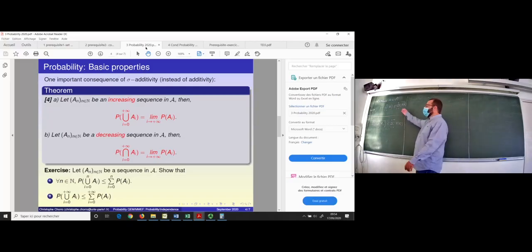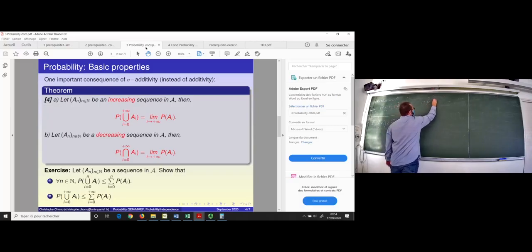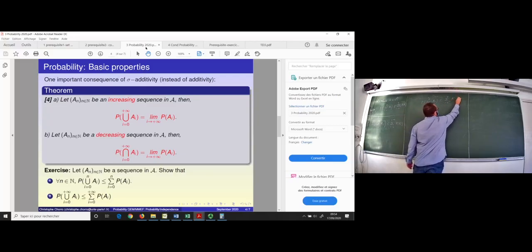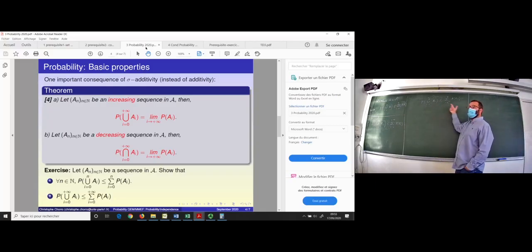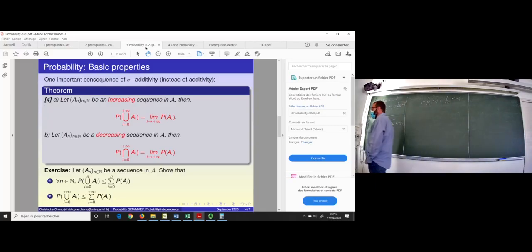So I start from what I know, and what I have previously proved. I know that I have this. That is true. So I have an inequality, and you know that when the limits are well defined, you can pass to the limits in inequalities. It's just like if you have two sequences, un and vn, un is less than vn, so if the limits exist, the limit of un will be less than the limit of vn.